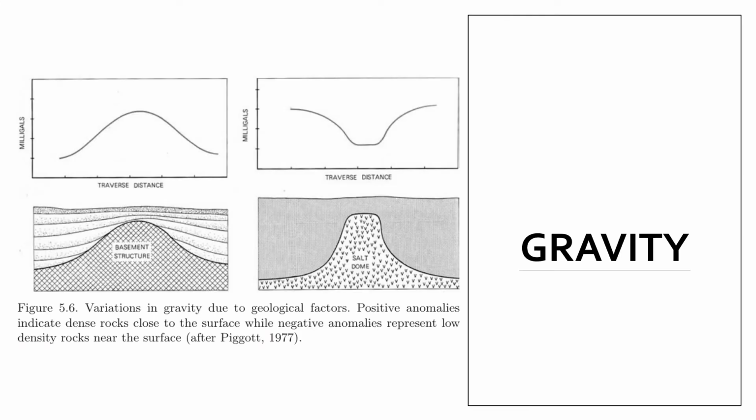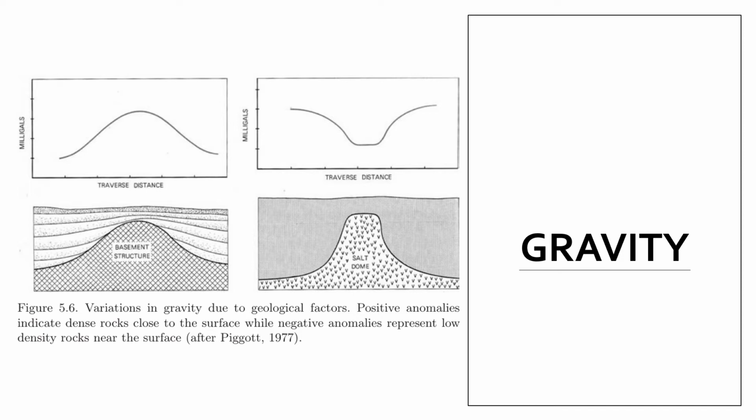Now, this is an example of gravity being used for locating a basement structure and a salt dome. So let's go by this figure. Now look at the left figure.